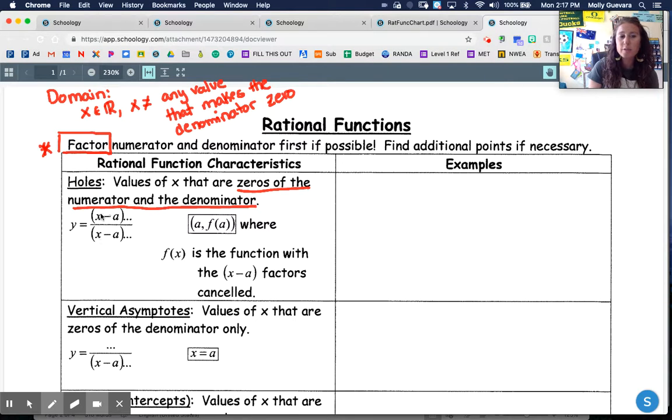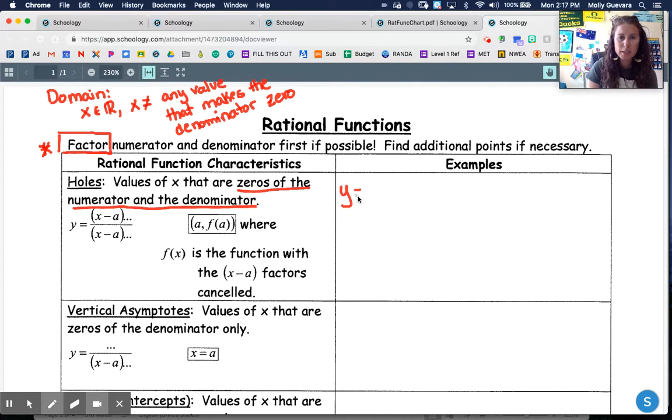It's something that's both on the top and the bottom, okay? And that is the x value of the hole. And then to find the y value, you take that x value and plug it back into the function, making sure that you cancel out the factors that created the hole in the first place.